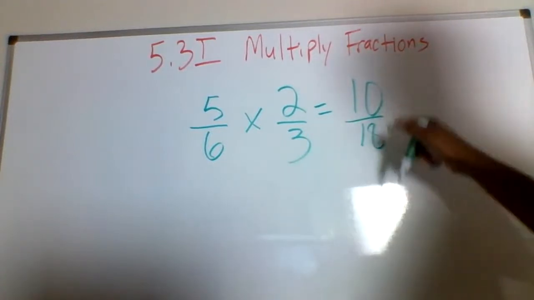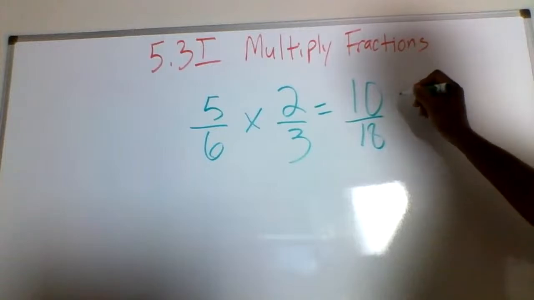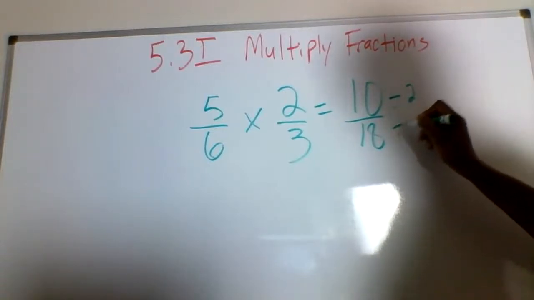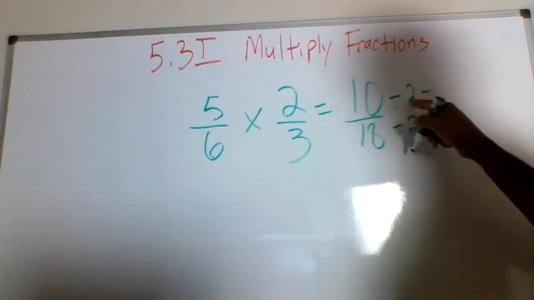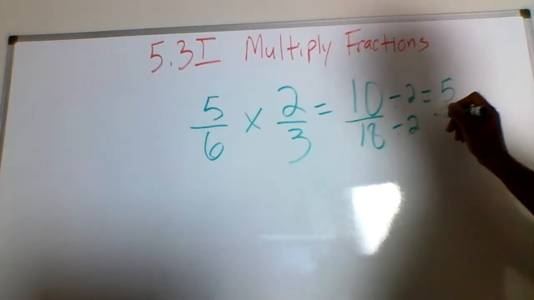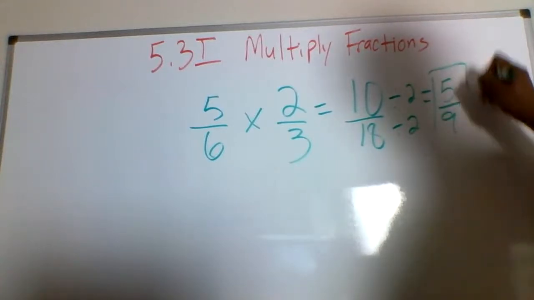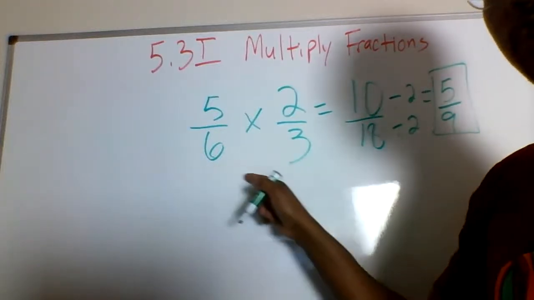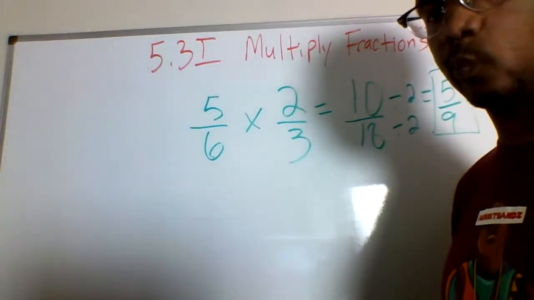All right. So you have 10/18, and you can reduce that by dividing both of them by 2. 10 divided by 2 is 5, and 18 divided by 2 is 9. So it reduces to 5/9. All right. So in 6th grade, it's easy. You're just multiplying across.